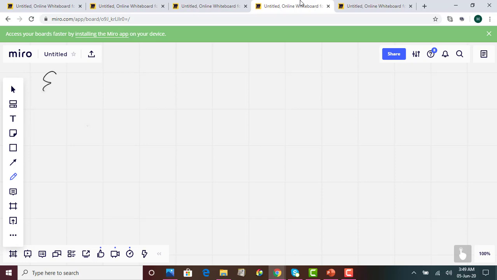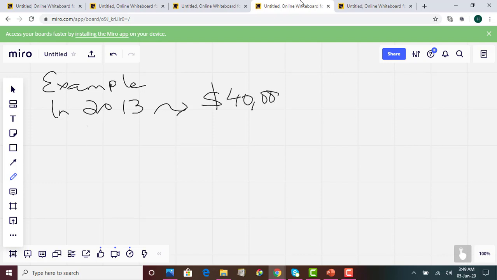So let's say we are given another example. In 2013, your annual income was $40,000. In that year you're already given the CPI, so you don't have to calculate CPI, which is a good thing.